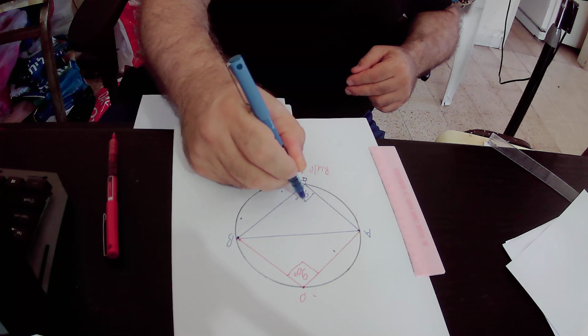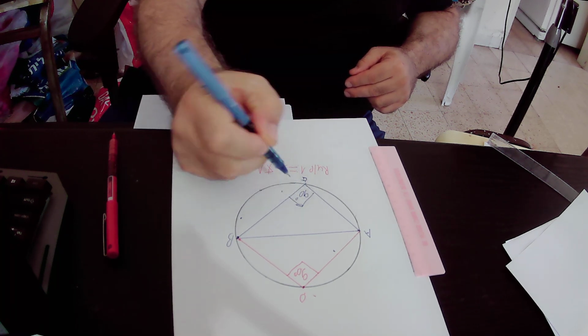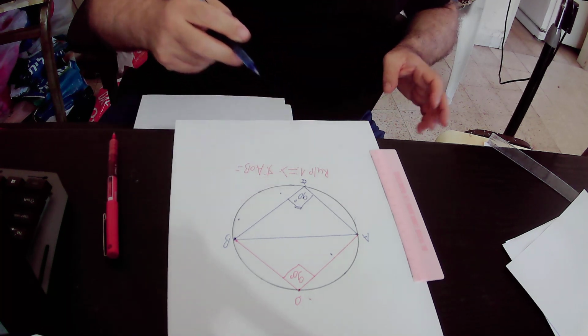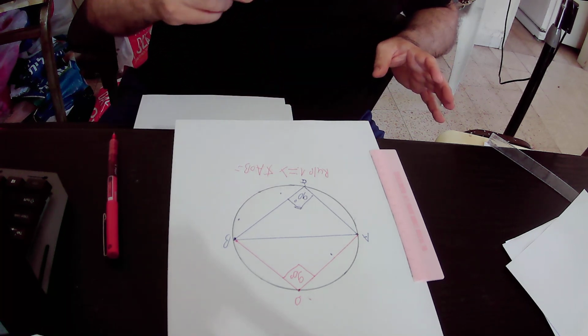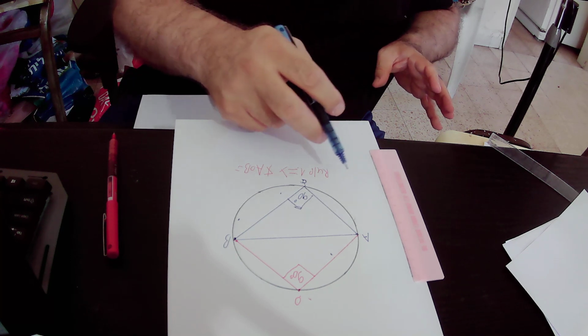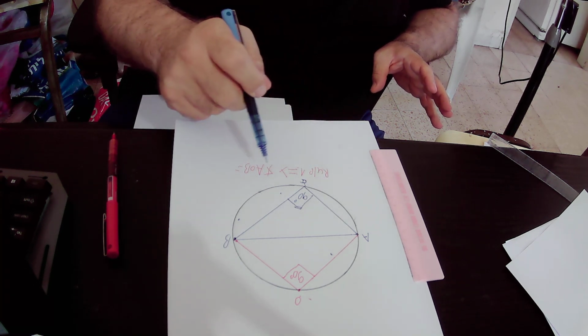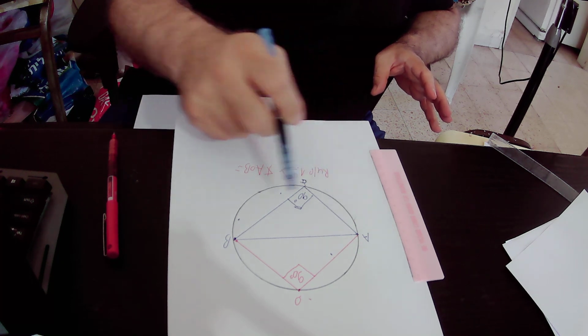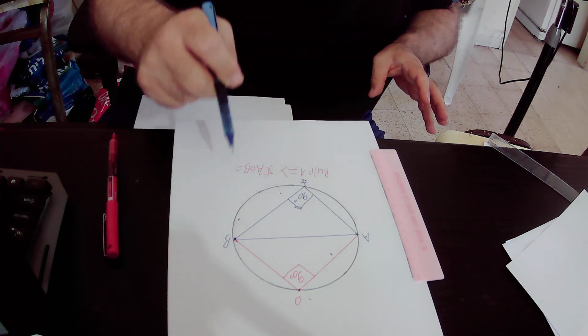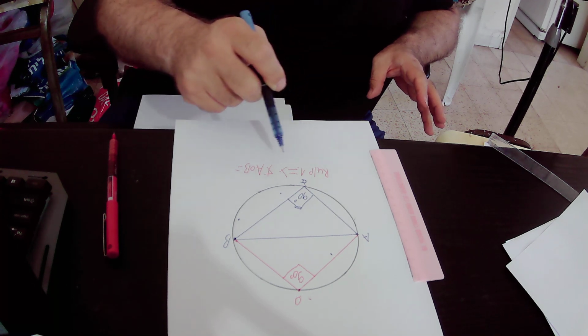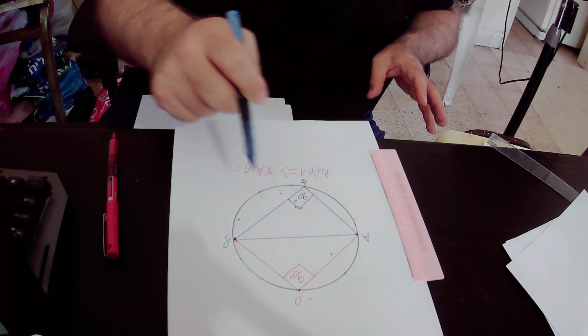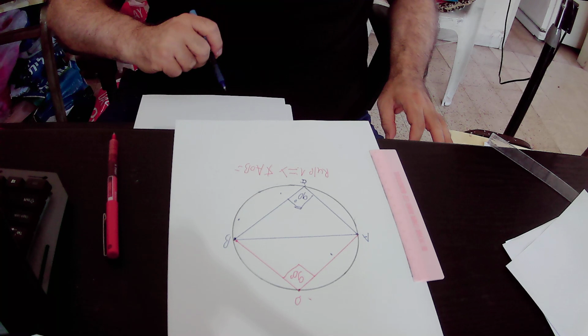Okay, angle ACB equals to 90 degrees according to rule number 1, that states that any angle that rests on the diameter of the circle equals to 90 degrees. Angle ACB rests on chord AB, that is the diameter of this circle. For that reason, according to rule number 1, it equals to 90 degrees. Okay?